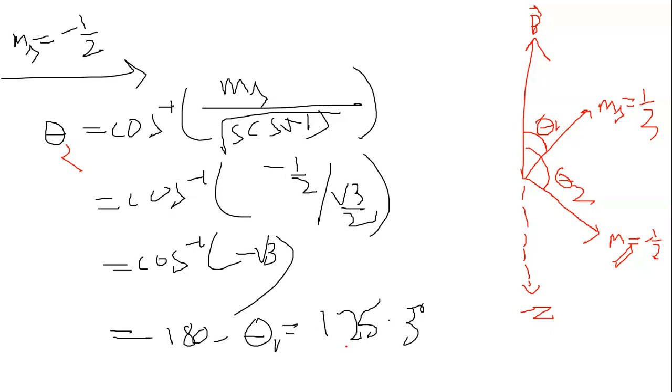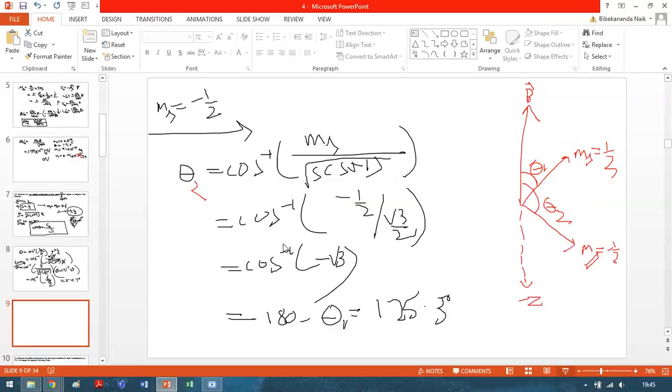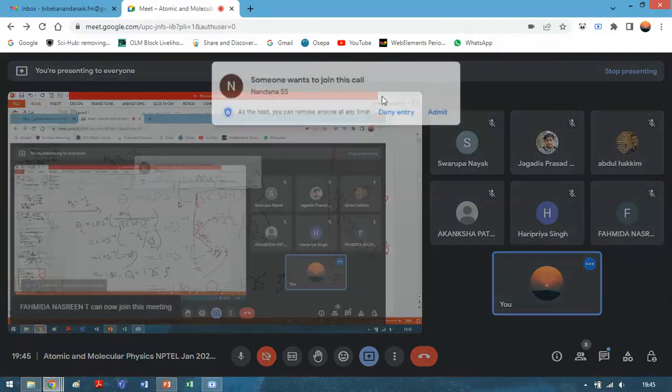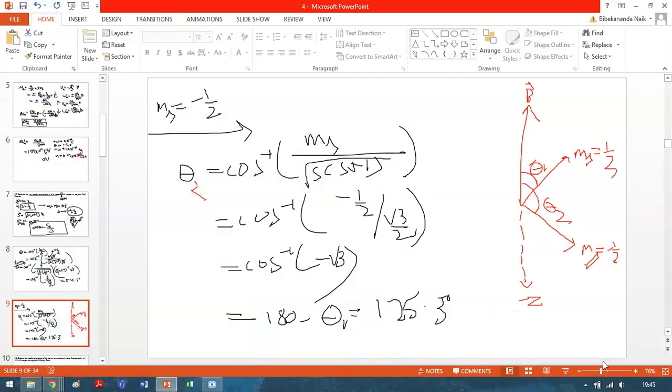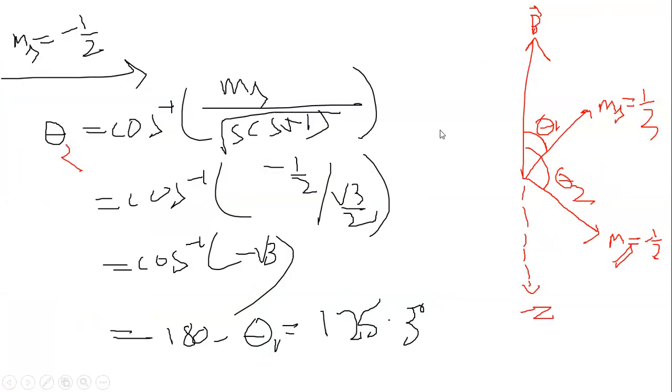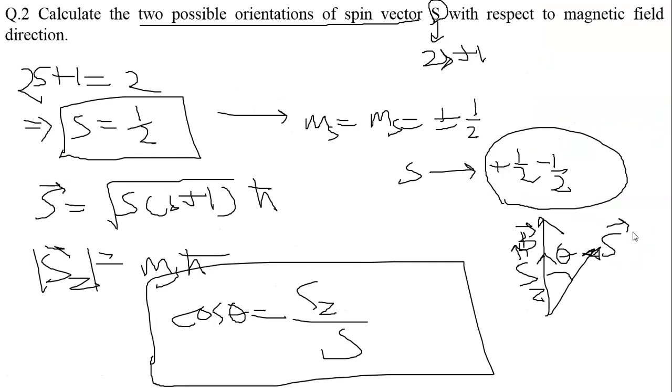Due to different spins, because for s equal to half there are two different spins, there are two different orientations of the spin orbital magnetic moment. This corresponds to the m_s value of plus 1 by 2, and this corresponds to the m_s value of minus 1 by 2. So there are two different orientations, and these are the two values of the orientations.